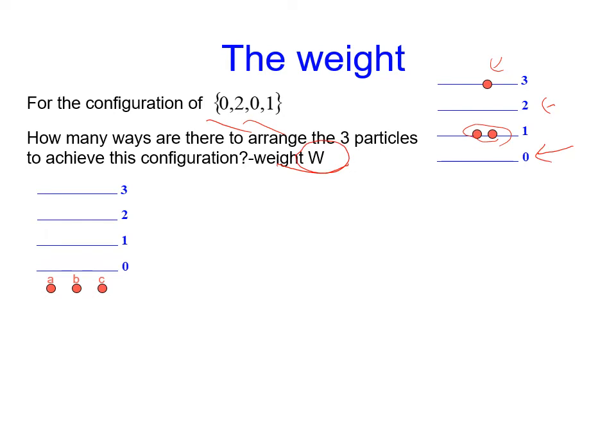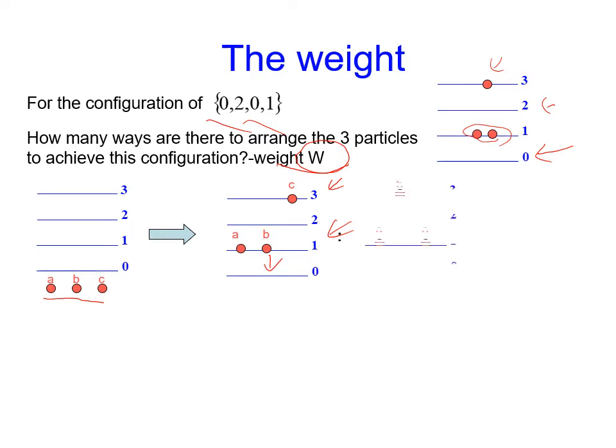If we label the 3 particles as A, B, C, then it is possible we have 0 at the lowest energy, but 2, AB, at the second energy level, and C at the fourth energy level. That's a possible arrangement for this configuration.